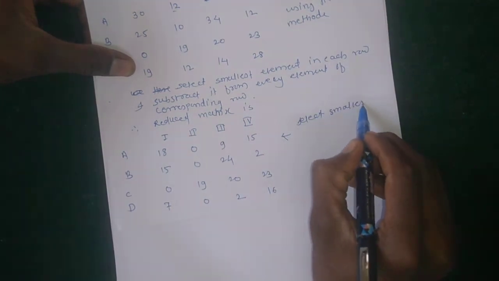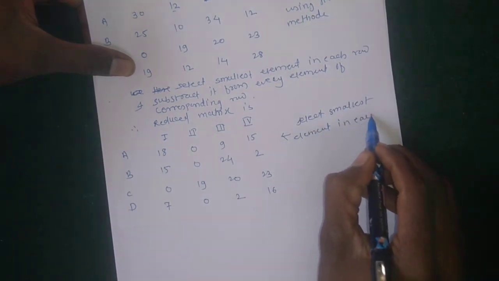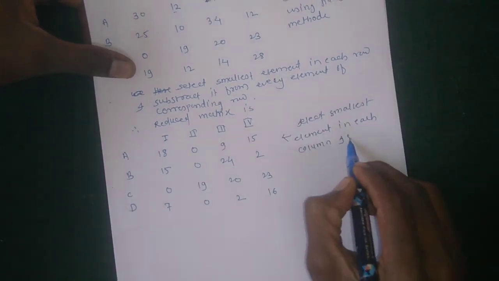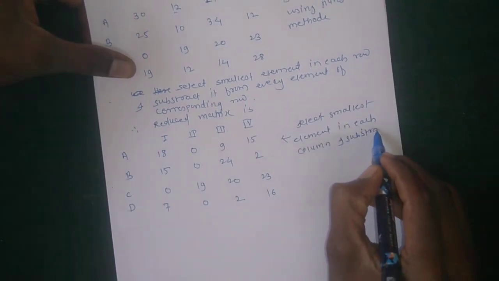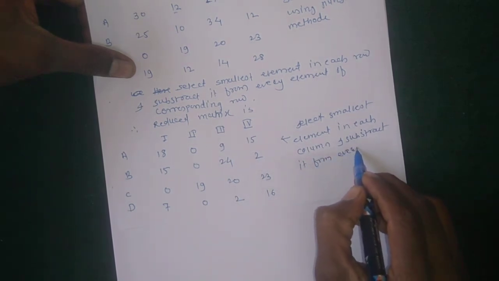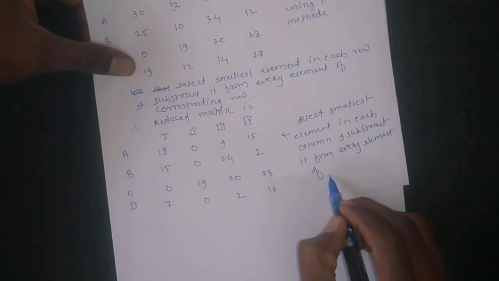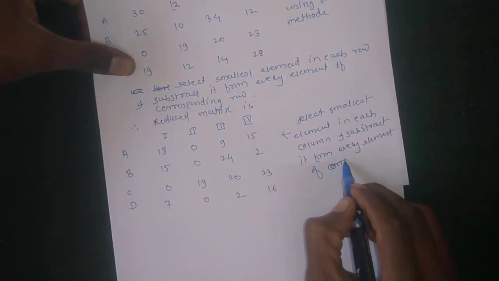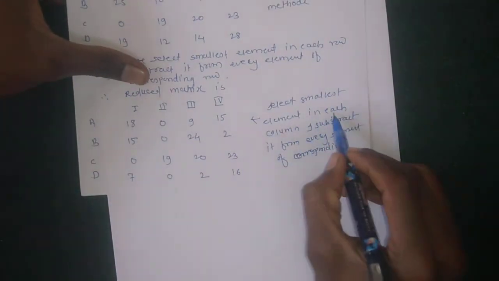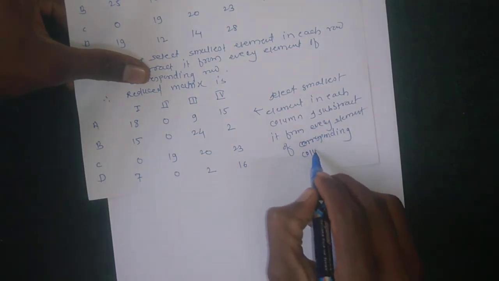Then the next step is to select the smallest element in each column and subtract it from every element of the corresponding column.